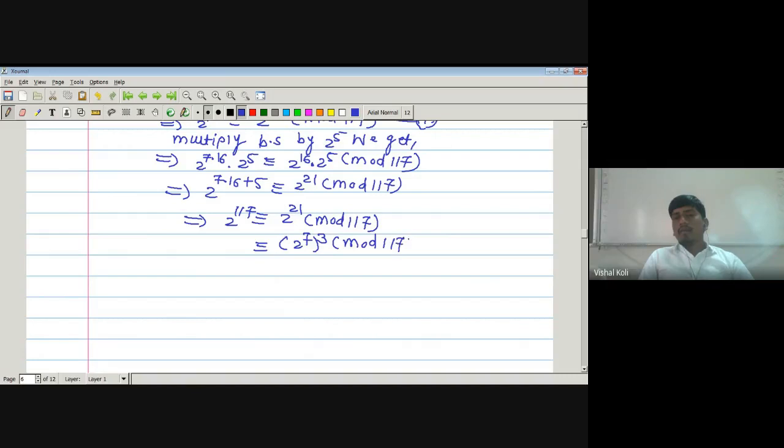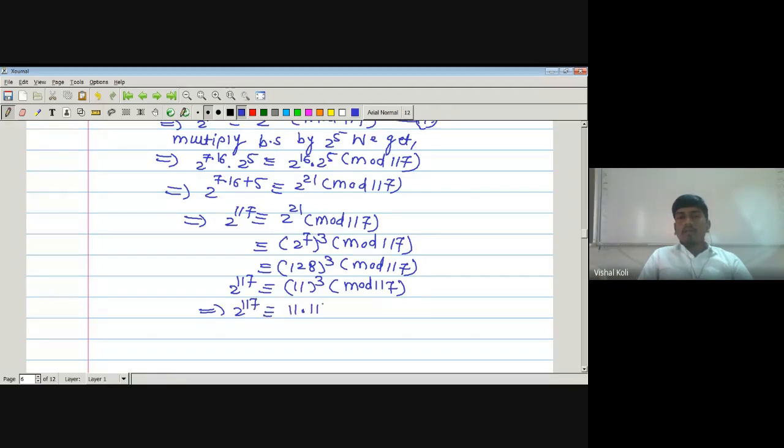But 2 to the power 7 is nothing but 128 modulo 117, and the value of 128 modulo 117 is 11. So cubed modulo 117, that is 2 to the power 117 is nothing but this, which implies 2 to the power 117 is congruent to 11 into 11 squared modulo 117.